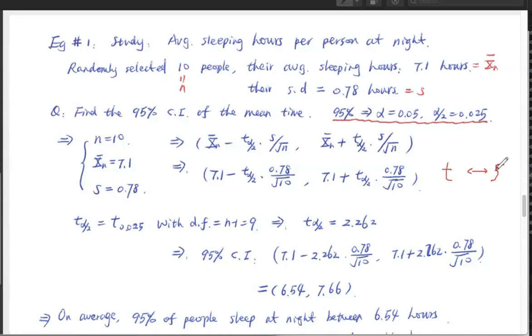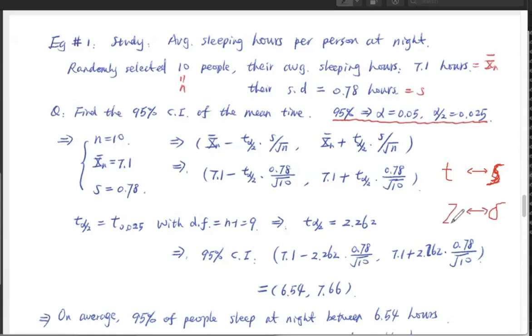This is not a 5, this is S. S and T are alphabetically together, so that helps you remember which formula to use. If it's a sigma, then we are using the Z formula.